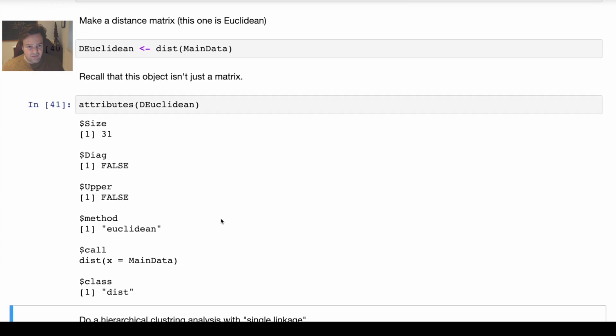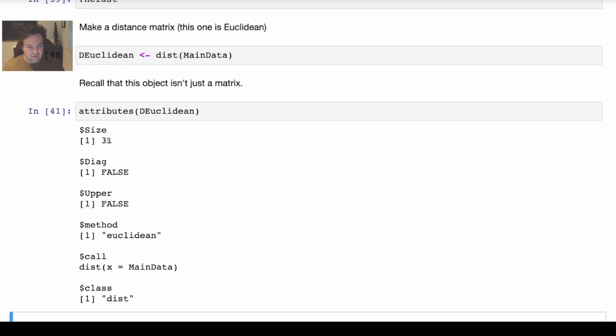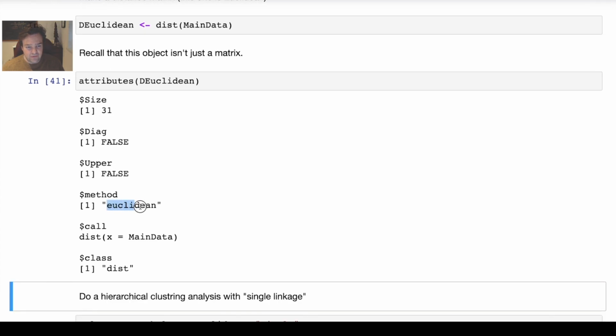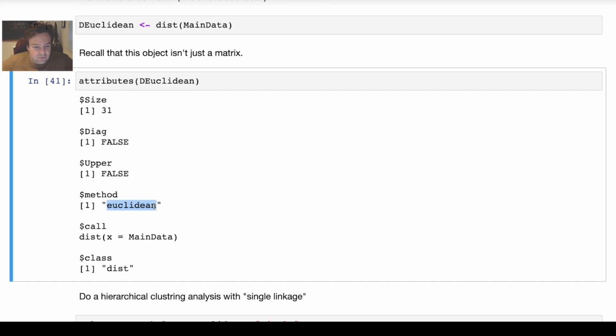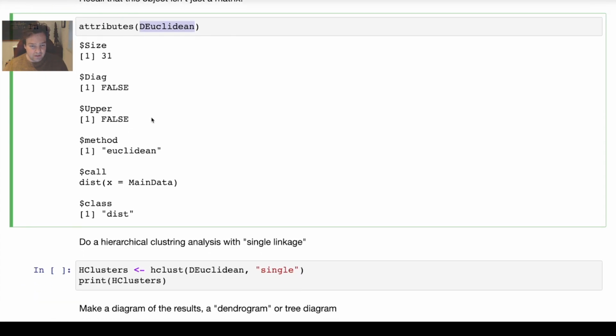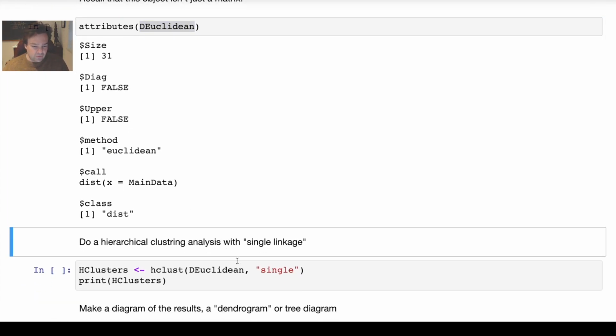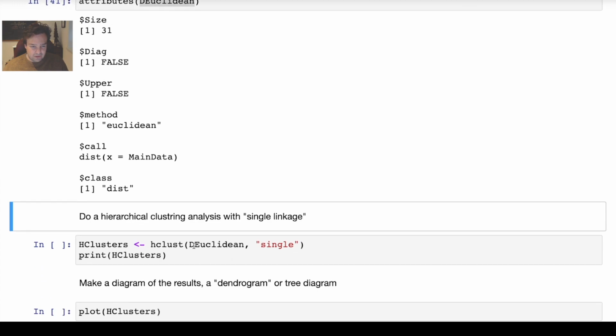It's not just the symmetric matrix of distances, although it is that. It also includes information about how the distances were computed. That's important to be aware of when you're trying to understand what something is doing with the object that you give it. So I just wanted to remind you of that.